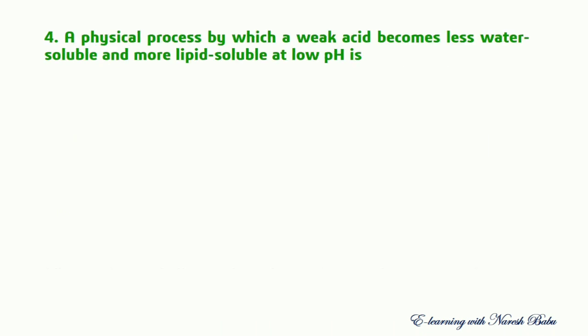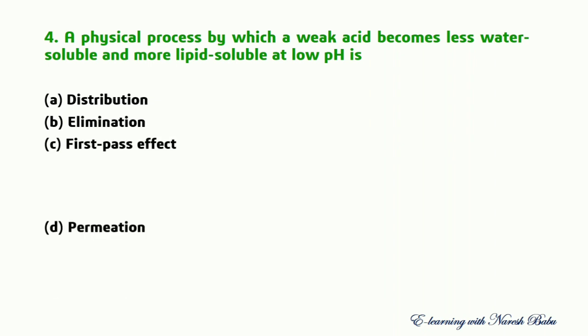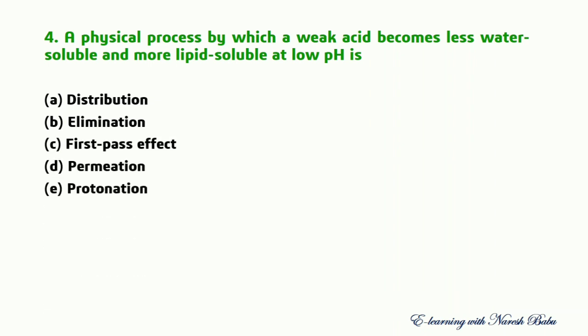So next question, a physical process by which a weak acid becomes less water soluble and more lipid soluble at low pH. So that is distribution, elimination, first pass effect, permeation and protonation. Among these, the weak acid becoming less water soluble and more lipid soluble at low pH is nothing but protonation.